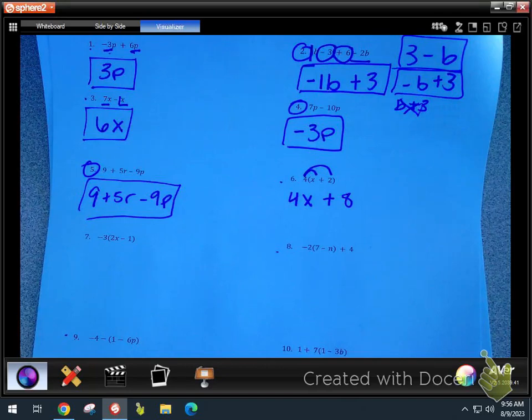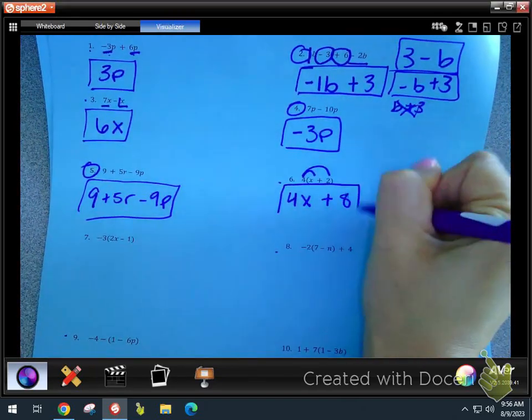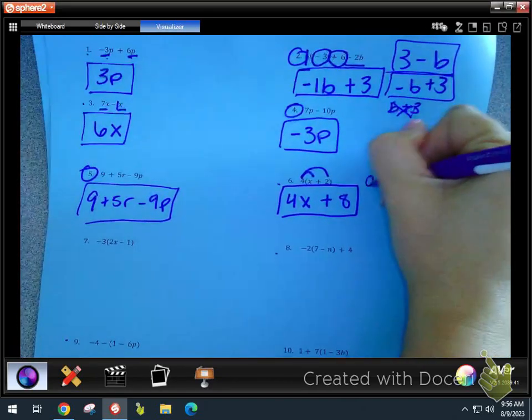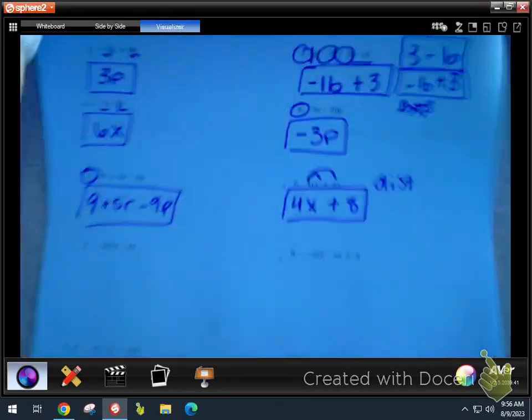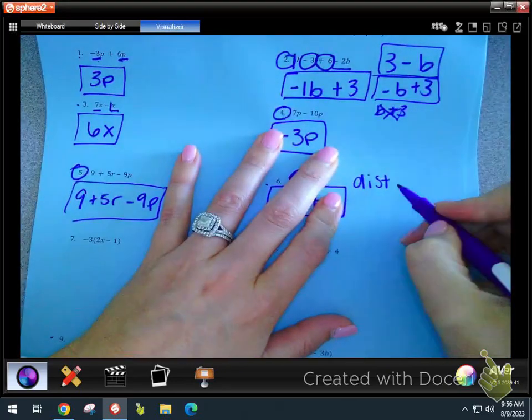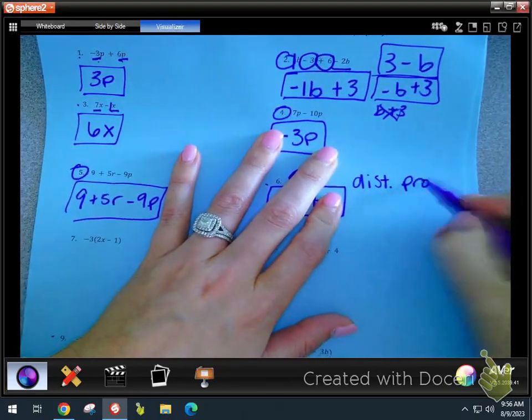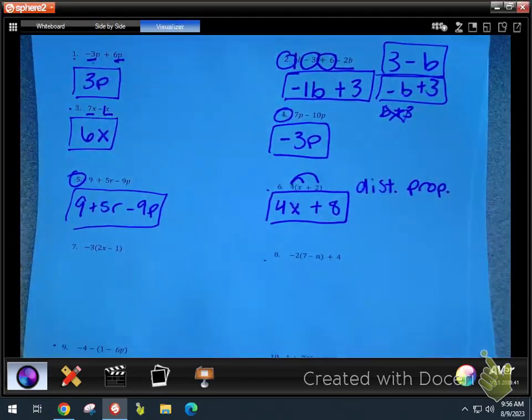Put a box. This is called our distributive property. We're multiplying there. This is a big one in Algebra 1, actually all the algebras. I also teach advanced Algebra 2, so I know where y'all are going, and I know what's important for when you get there.